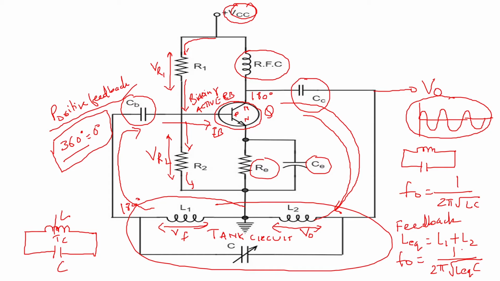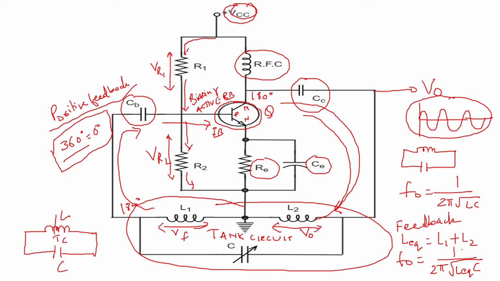Once the capacitor is completely discharged, the energy in the inductance will start collapsing. So again the capacitor will get charged, but with reverse polarity. This process of exchange of energy between inductance and capacitance in the tank circuit will go on taking place.